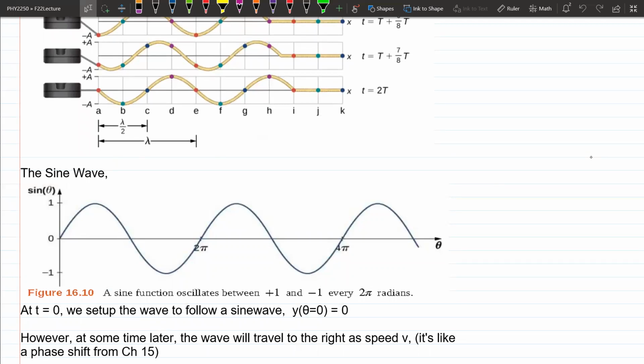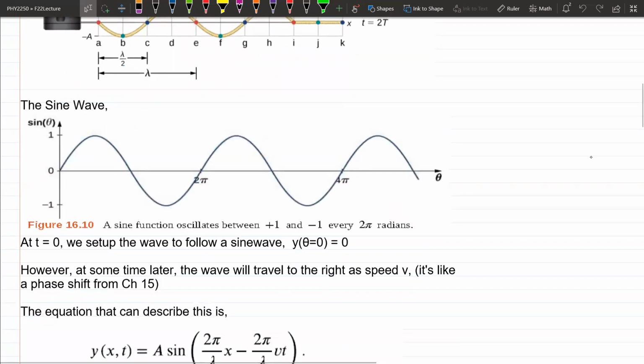We can shift these around later, but if we describe this wave using a sine function, a sine function has a period of 2 pi, so every 2 pi it repeats itself.